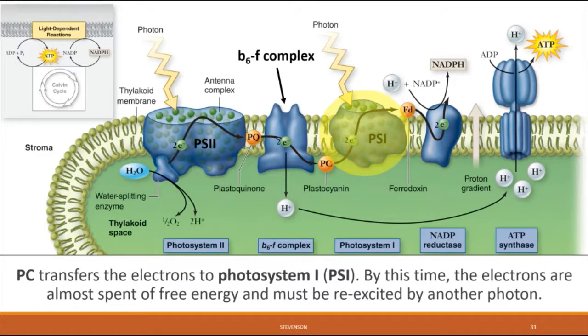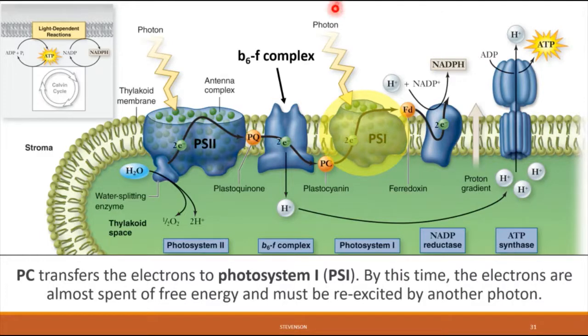Now, one thing that we need to know is that by the time these electrons reach photosystem 1, they have very little free energy left. And so in order to re-energize those electrons, they need to be excited by a second photon. And that's what happens to them at photosystem 1.